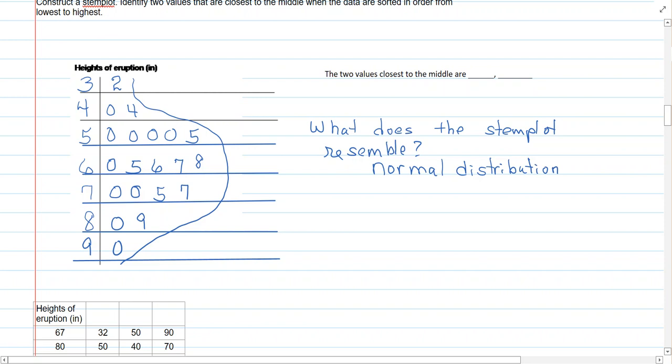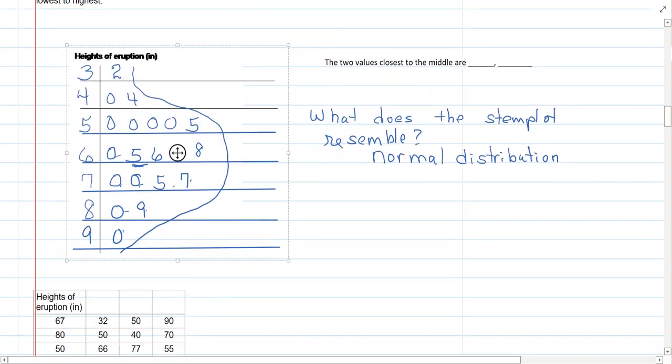So the question is, the two values closest to the middle are. Okay, so remember it was 20 data. So I'm going to go 1, 2, 3, 4, 5, 6, 7, 8, 9. Right there's 9. So now I'll go to the top. 1, 2, 3, 4, 5, 6, 7, 8, 9.